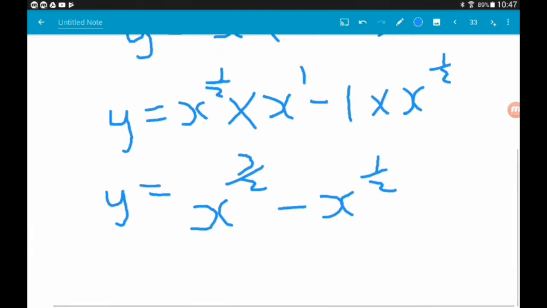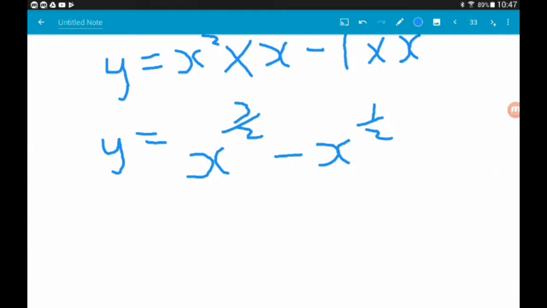Now we want to differentiate it. So, go very carefully when we have fractional powers. So, x to the 3 halves, well, what's going to happen here? The power of 3 halves comes down in front.